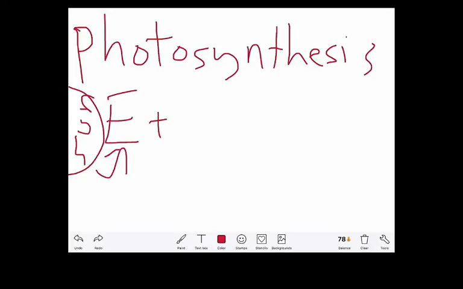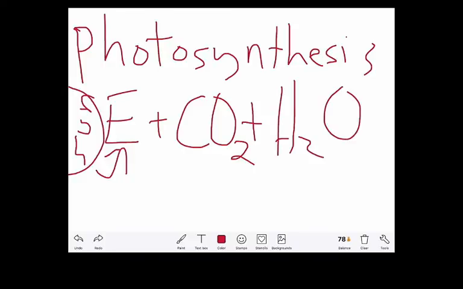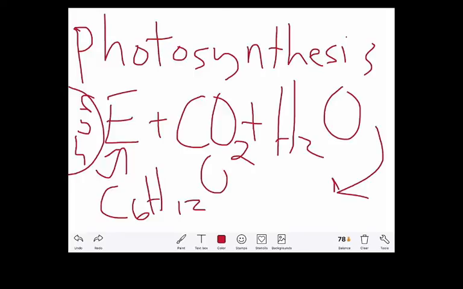But specifically, the pigment chlorophyll is going to absorb photons traveling at specific wavelengths to provide the activation energy necessary for plants to break down carbon dioxide and break down water in order to make glucose, C6H12O6, and in the process they're going to release oxygen.